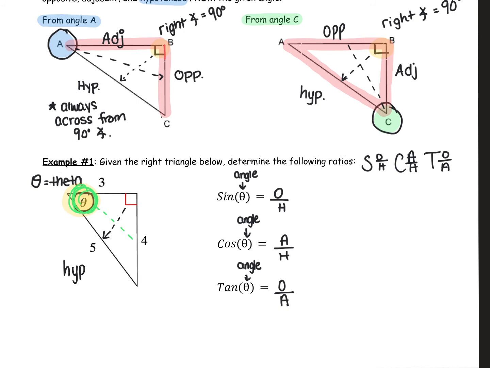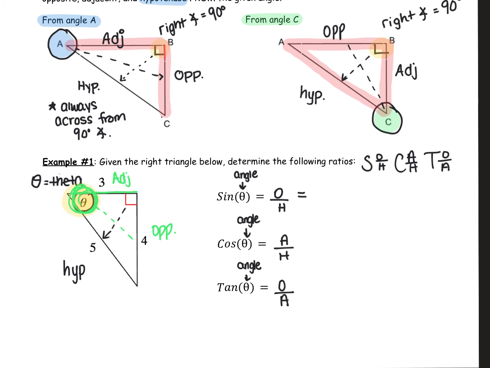This side is directly across, so that's my opposite side. The 3 is right next to it, the adjacent side. So 5 is going to be my hypotenuse, 3 is going to be my adjacent, and 4 is going to be my opposite. So all we're going to do now is plug into our formula.